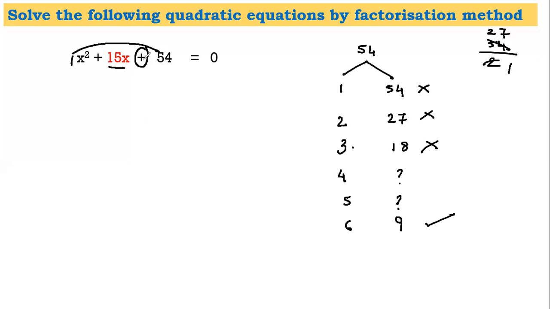Now since this sum is based on addition because the last number sign is plus, I am going to talk about the addition rule only. Now the addition rule is, it's a rule made by me. Addition rule is, if the sum is based on addition, give the middle number sign to both the factors.